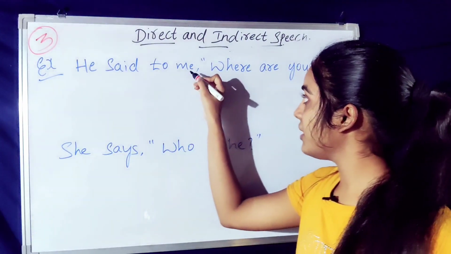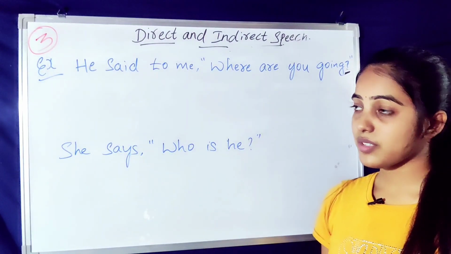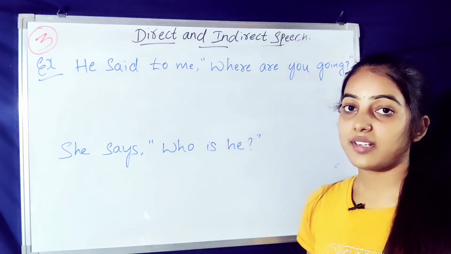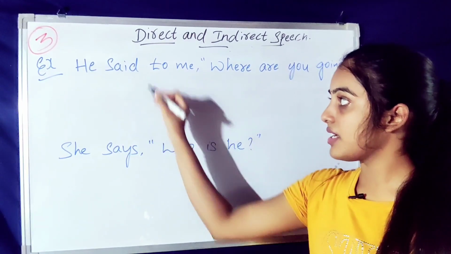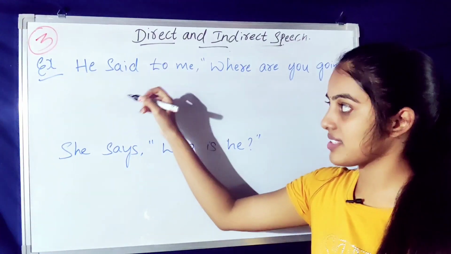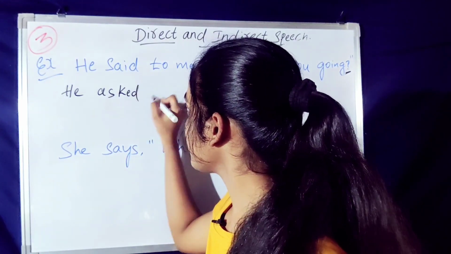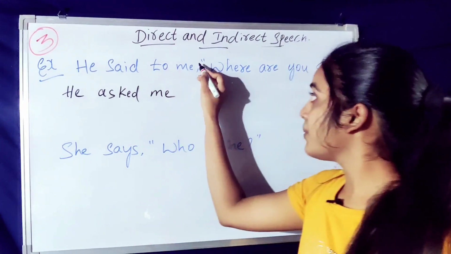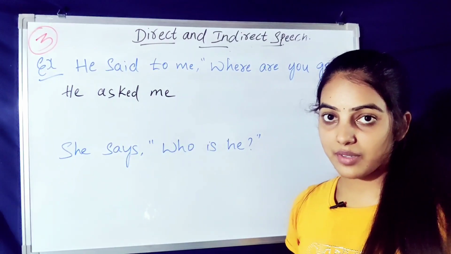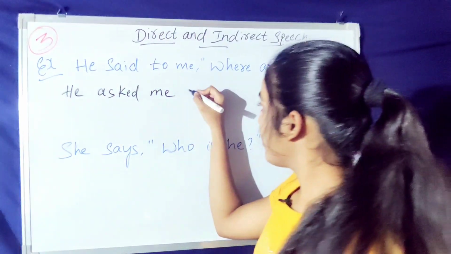He said to me, where are you going? Okay, this is informative type. Then what is rule number 1? Said to will be replaced with asked. Okay, he asked me. To remove inverted commas, nothing is added. Okay, we shouldn't use anything.